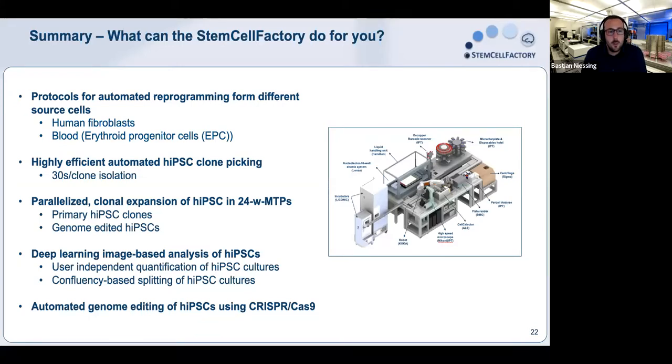We have the parallelized clonal expansion of human-induced pluripotent stem cells. And we have this deep learning image analysis developed where we can classify the images of the whole well or of the whole plate. And additionally, we have added the automated genome editing on the platform.